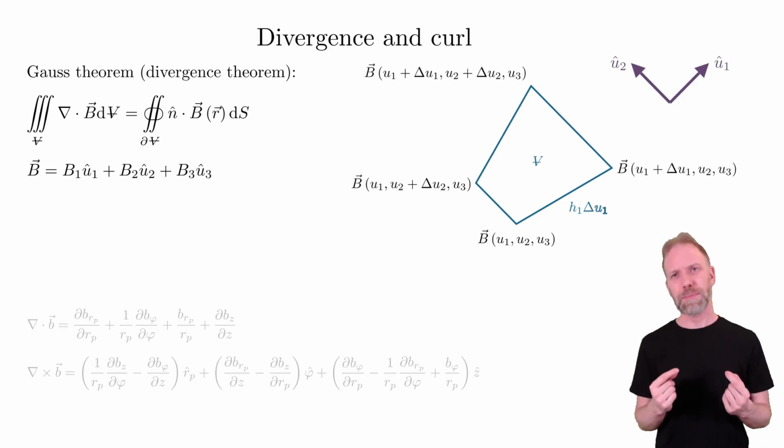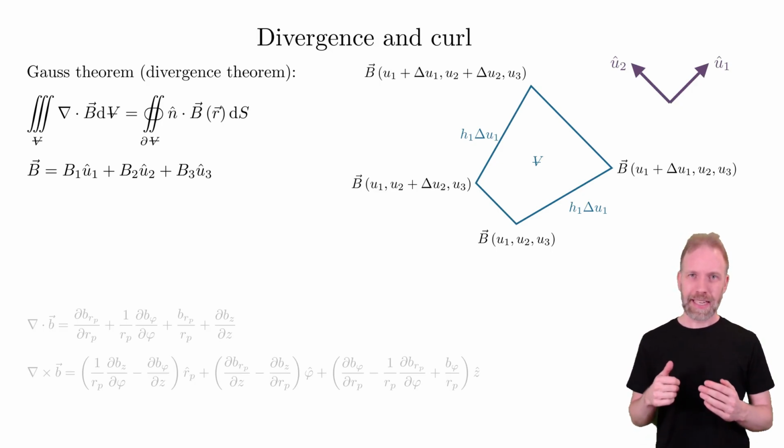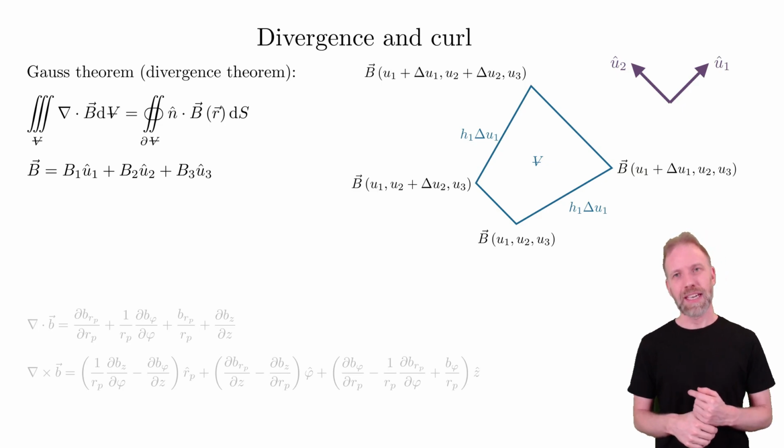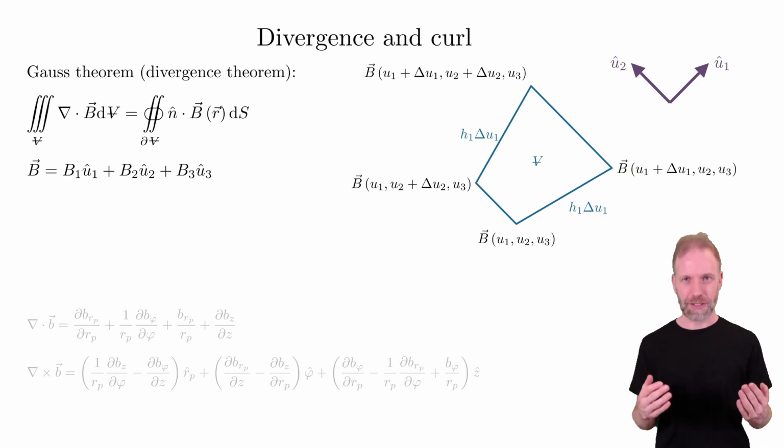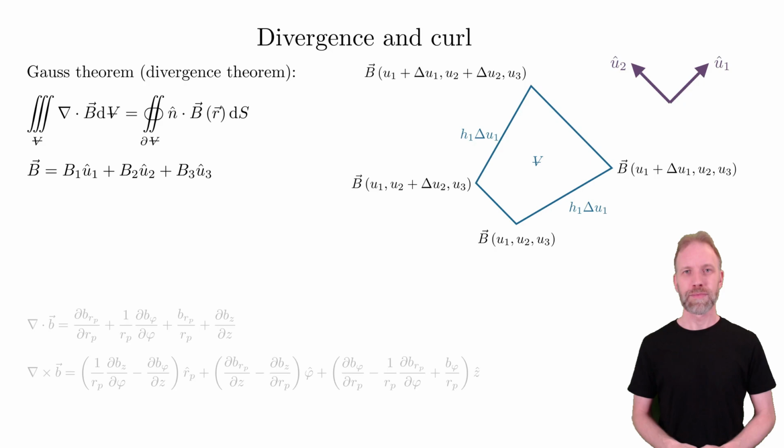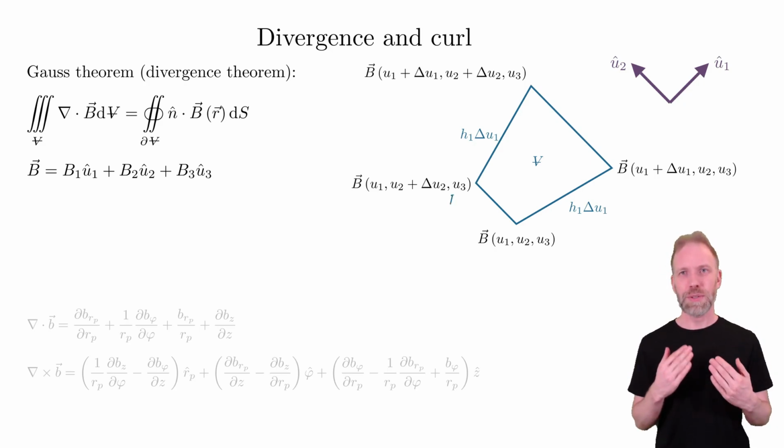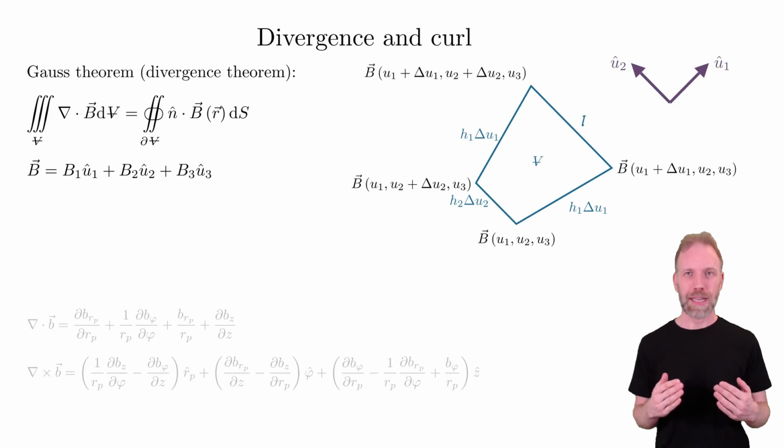Use the general expression that the distance, if we take a small step in the u1 coordinate, is h1 delta u1. Here, h1 is the same scaling factor that we have used multiple times in these videos. Similarly, the distance in the u2 direction when we take a small step delta u2 is h2 delta u2.